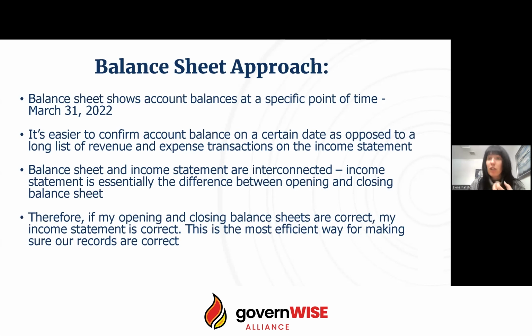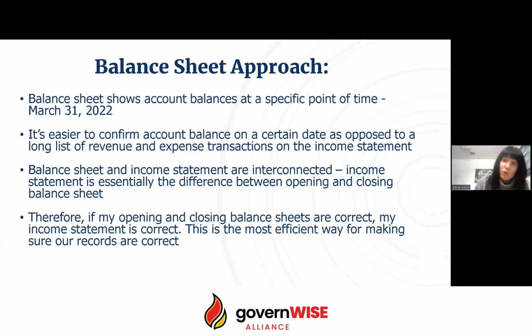So if I look at my expenses, say my travel expenses, if I were to try to confirm that my total is accurate, I would have to go through every invoice, through every check requisition, through every payment that's in travel expenses. And I may have hundreds of entries in there, right? Because some of our organizations do a lot of travel. So that's very inefficient if we go through income and expenses to confirm the accuracy of our records.